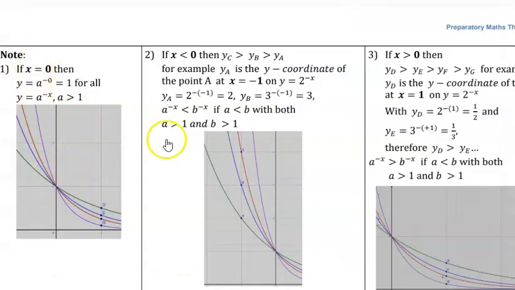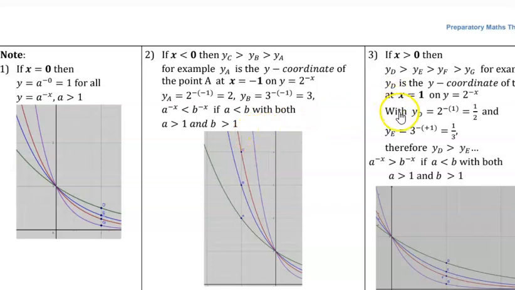This table is just a summary of what I just said. At x equals 0, they will all cut there at the same y value. When x is less than 0, then the larger the a value is, the higher the graph will go.